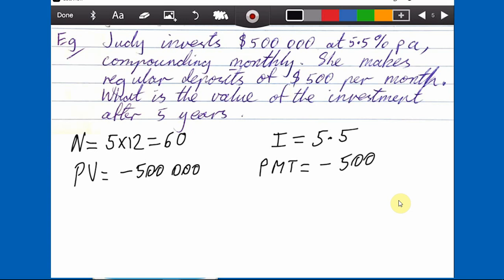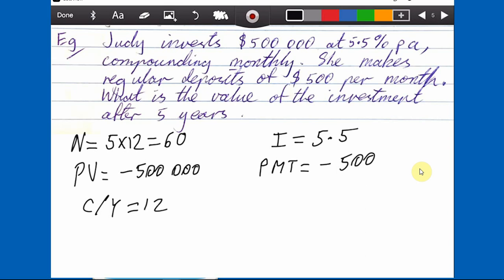Remembering that money is, in this case, moving away from Judy. She personally has the money, and then she hands it over to, say, the bank where the investment is.